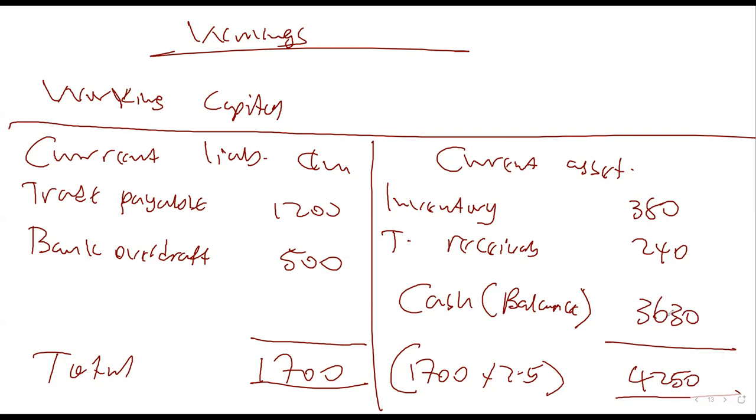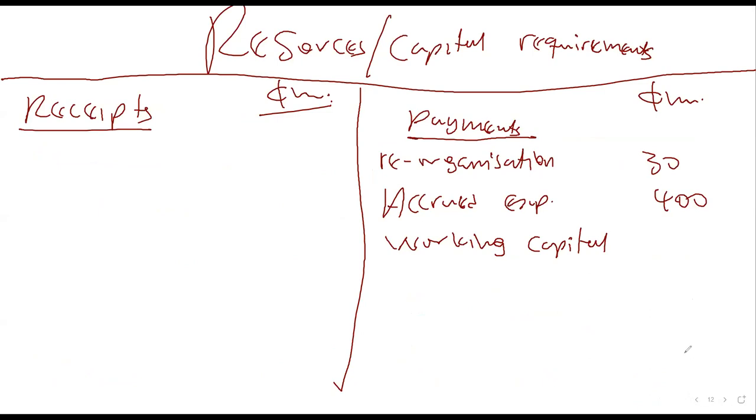If you like, try using any other method, still get the same answer. 3630. So come and put it in like this. Working capital is 3630. That's all, and get a total. So this is a total payment.